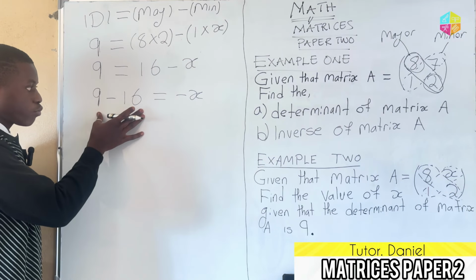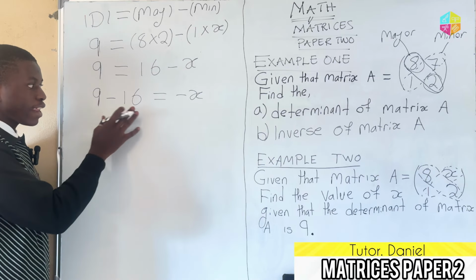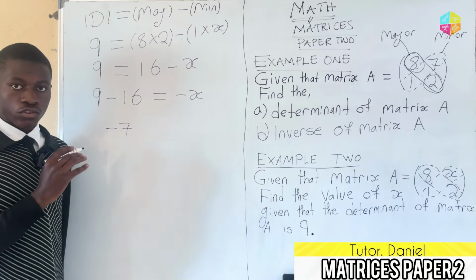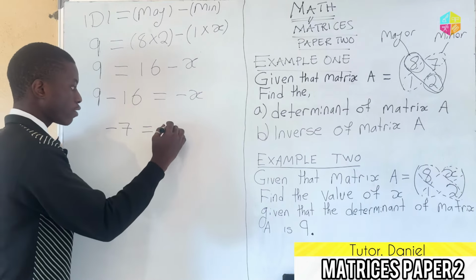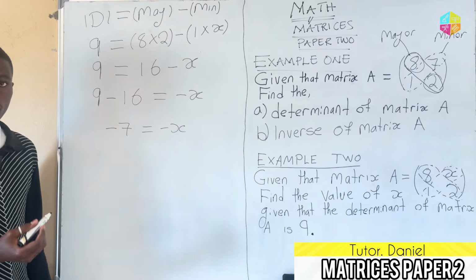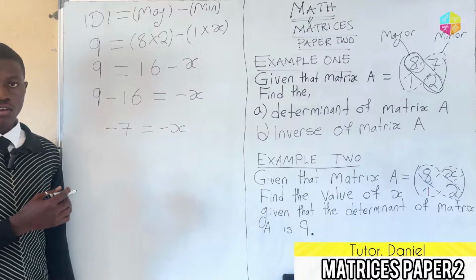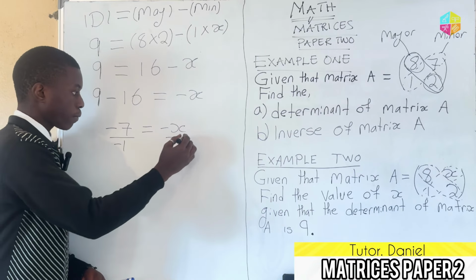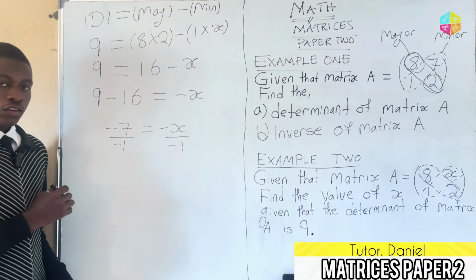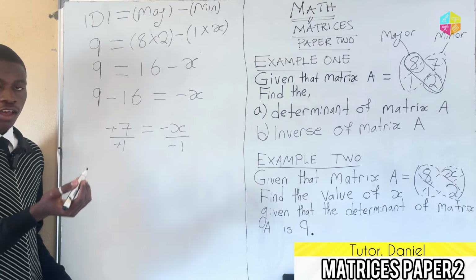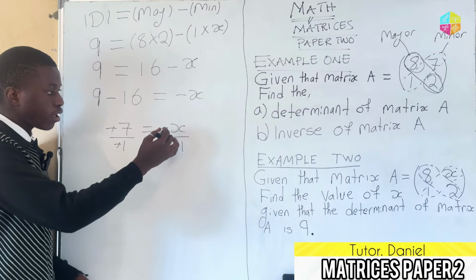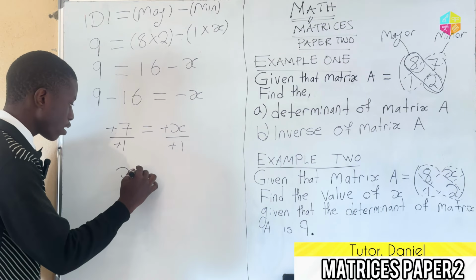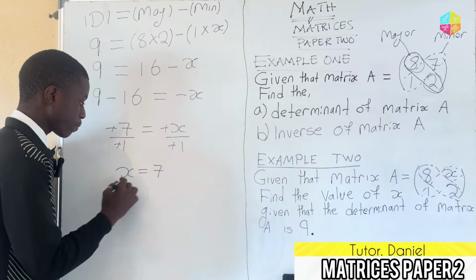When I subtract 9 and 16, I get negative 7. So negative 7 is equal to negative x. Since I've got negatives on both sides, I'll simply divide by negative 1 throughout. The negative and the negative cancel each other, we get a positive. So our value of x is equal to 7.